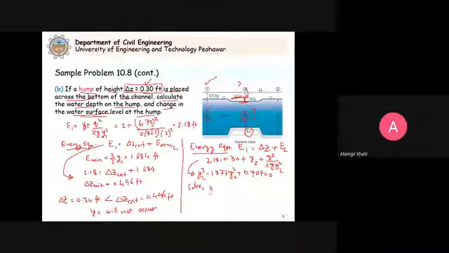So we will get 3 roots for Y2. One will be equal to 1.601 feet.